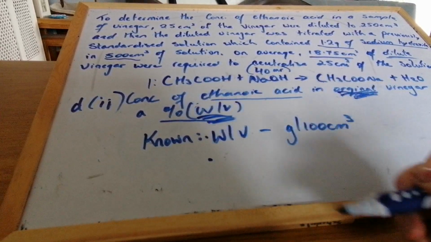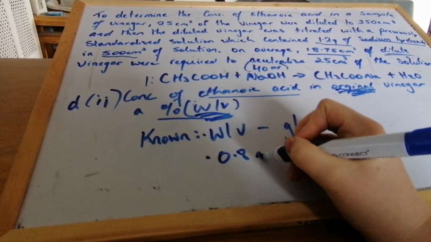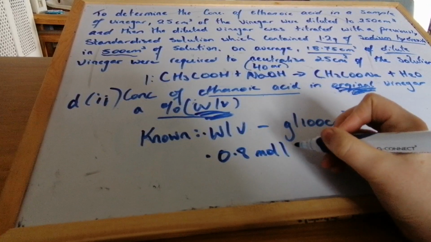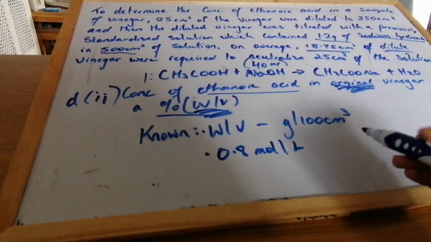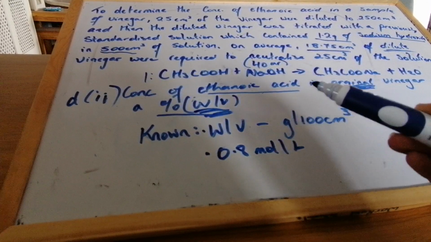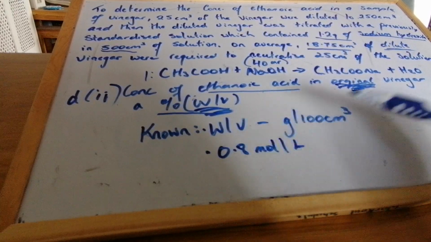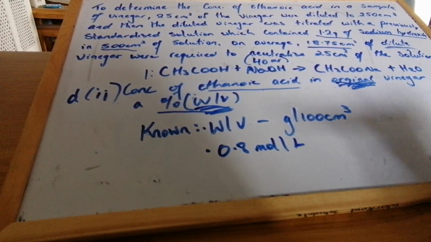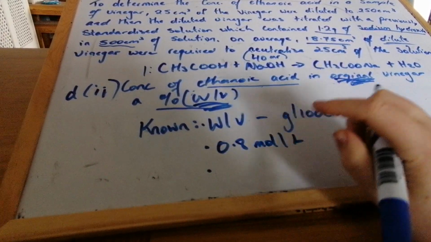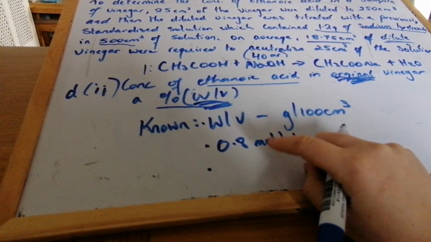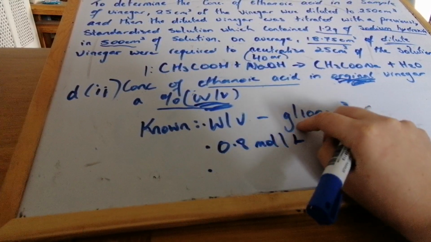Okay, the second thing that we already know is that I have 0.8 moles per litre of my ethanoic acid. We figured that out in part 1 of this question. The last known I have is how I can calculate grams when I'm given moles.